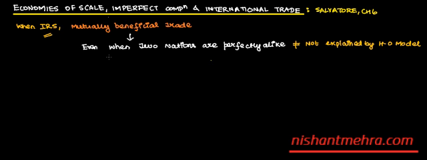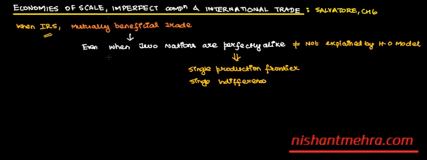Now, if two nations are perfectly alike, then what you can do is use a single production frontier, and you can also use a single indifference map for both nations.